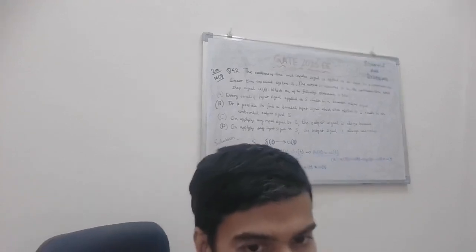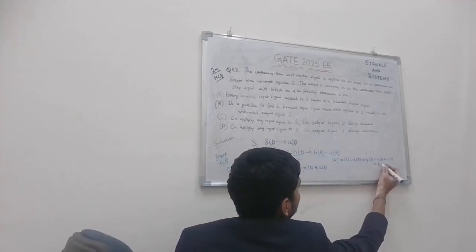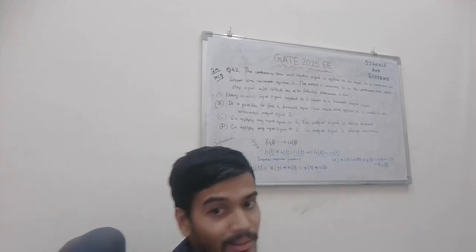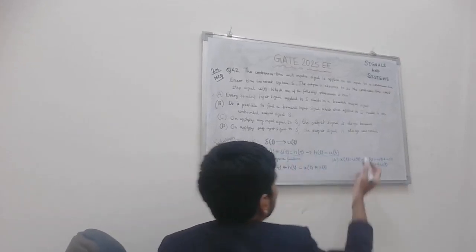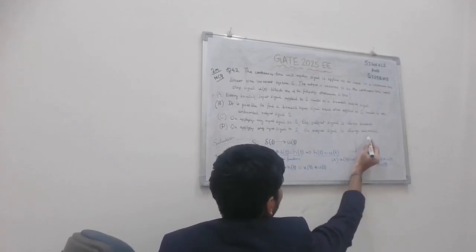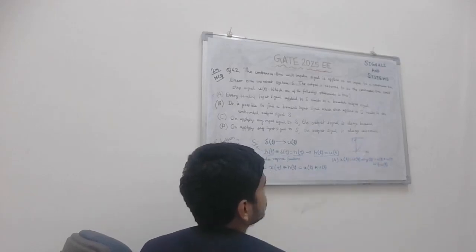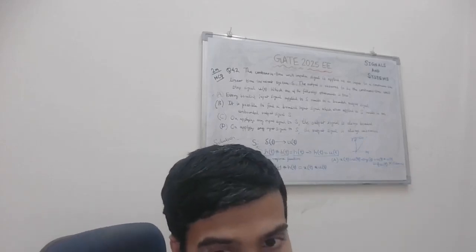From the basic knowledge of convolution, it is nothing more than t u of t, the unit ramp signal. Now t u of t is not bounded. It goes up to infinity as t goes to infinity. So it is unbounded.